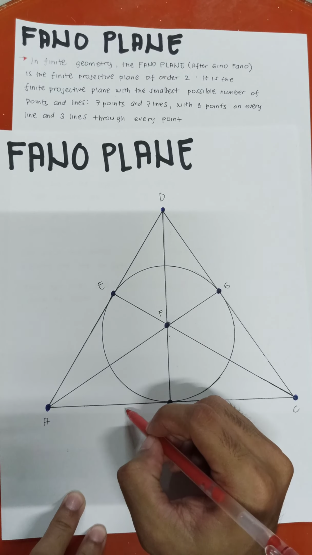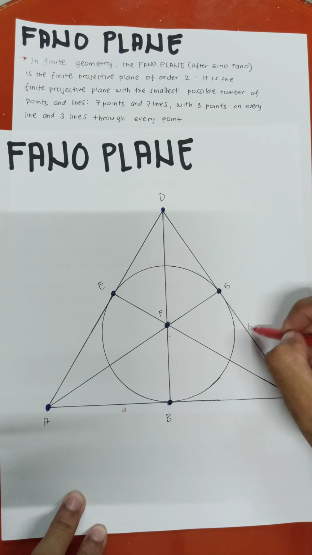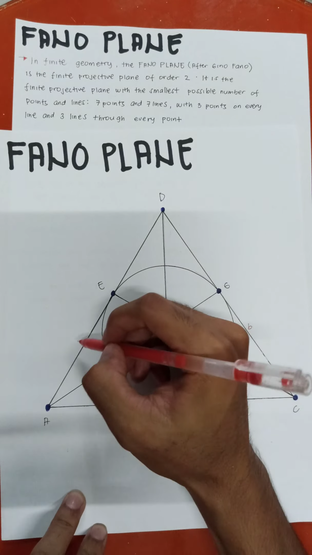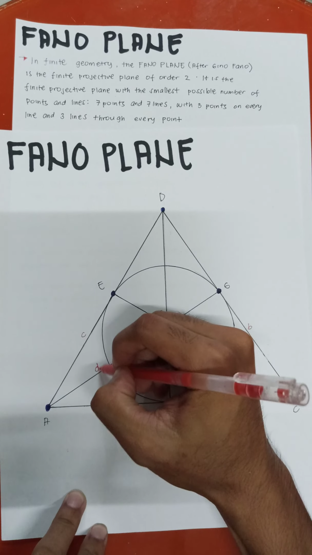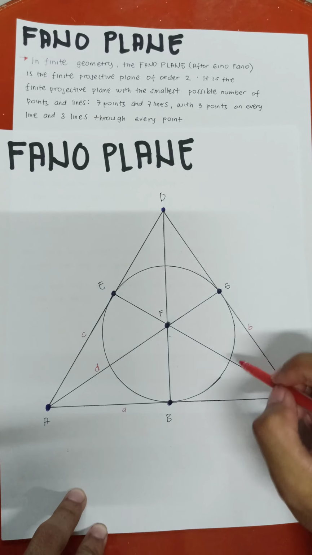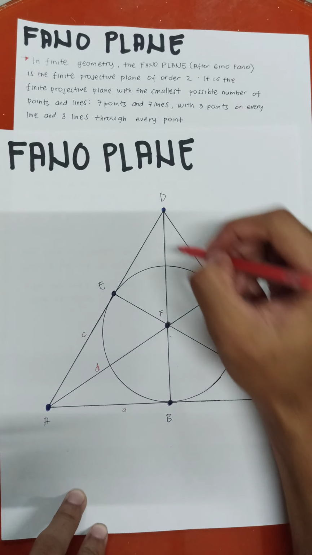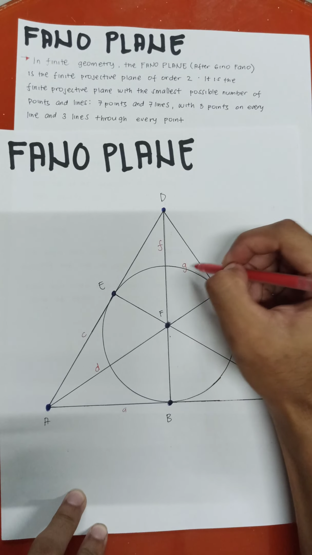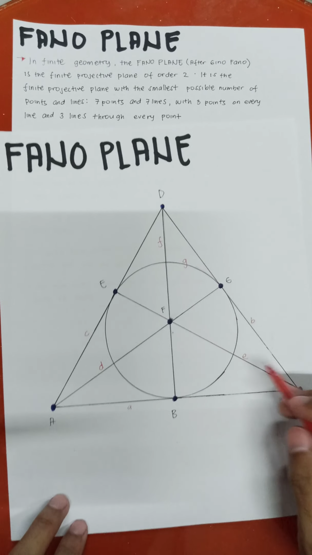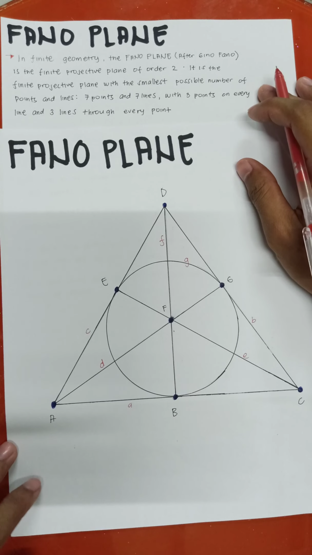We label them as line A, line B, line C, line D, line E, line F, and line G.